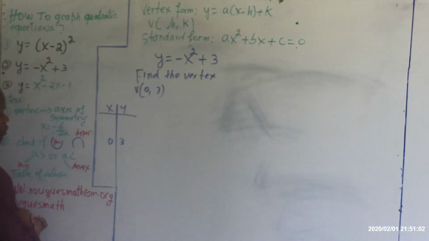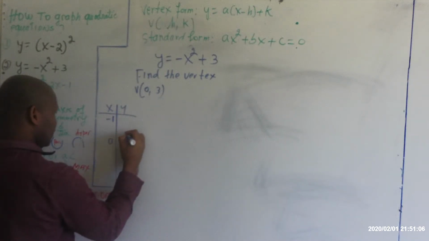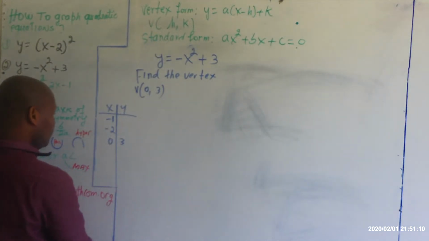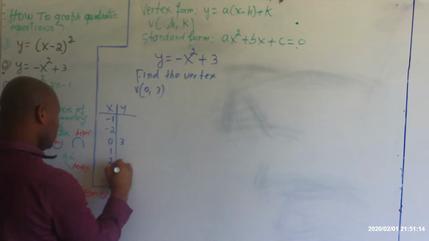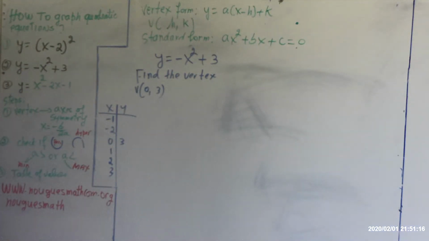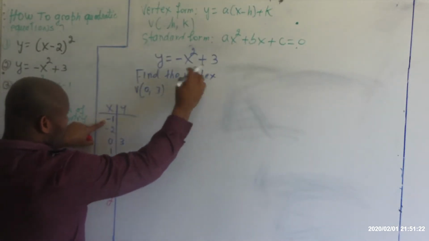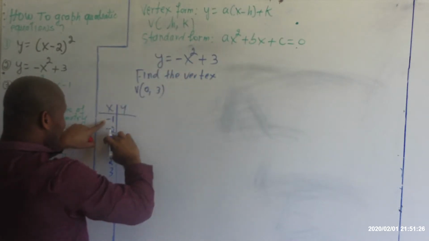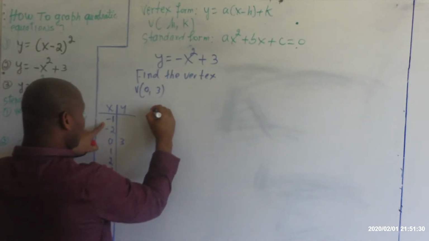So I can have more points now: -1, that's the first negative point, -2, and then 1, 2, 3. I'm going to replace X by -1, then replace X by -2 and so on to get Y.